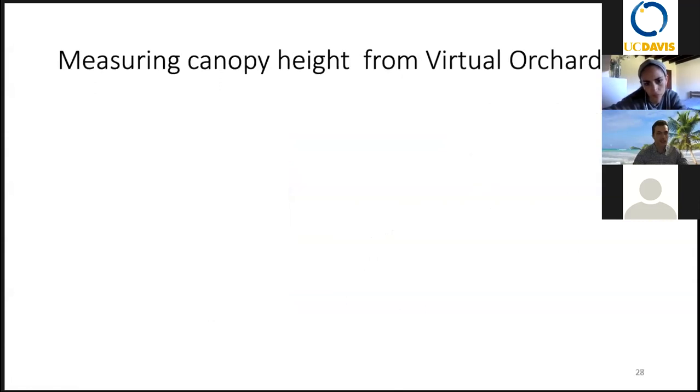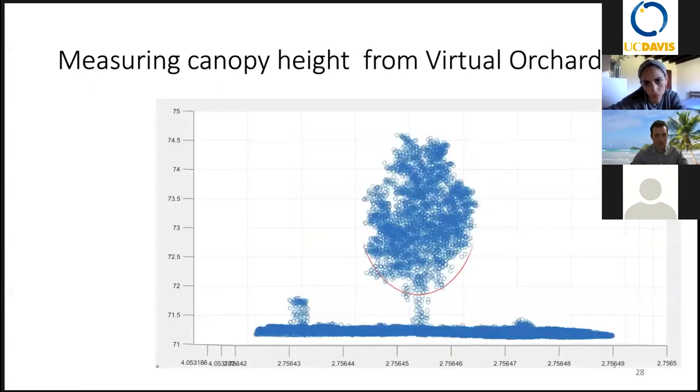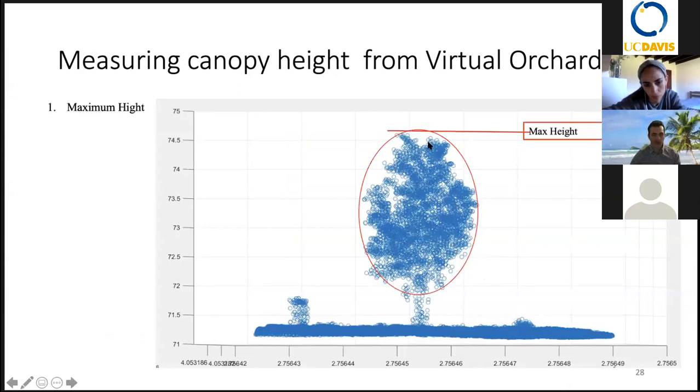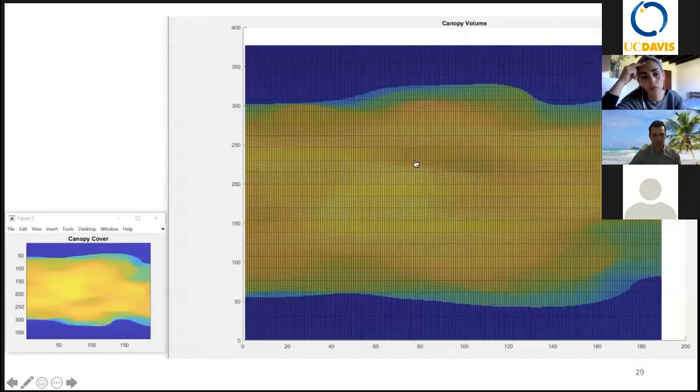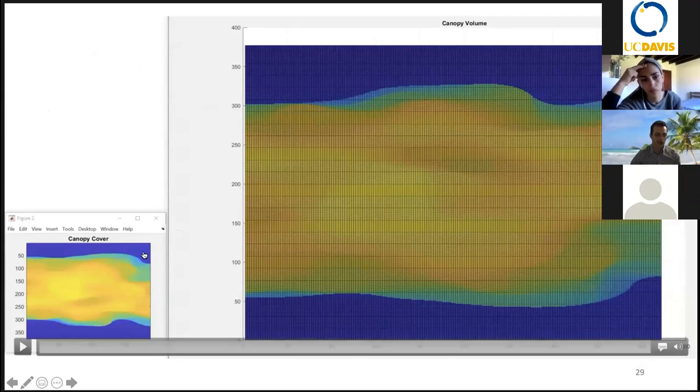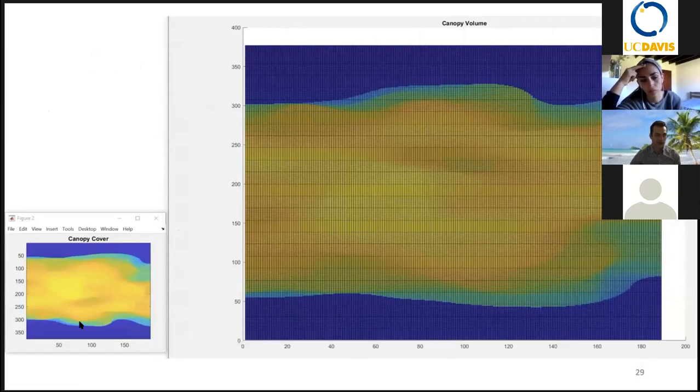So let's see how it works. This is a point cloud from the side view, and this would be the maximum height, the tallest or highest point on the tree, the average height, and here we can calculate canopy cover and canopy volume.